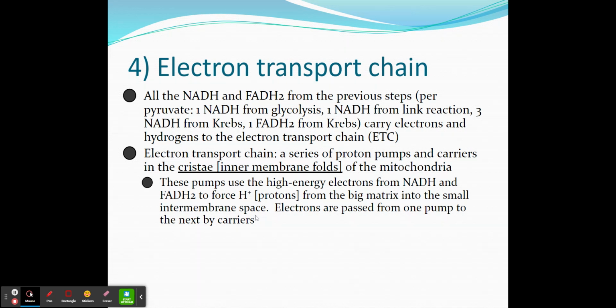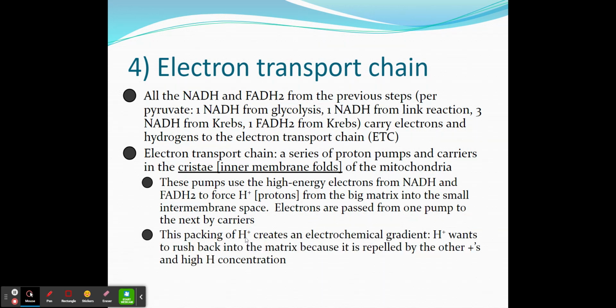So we are packing in these protons. They were happy and free range and roaming around, but now we're going to pack them into the smaller space and make them unhappy. Okay, so electrons are going to be passed by carriers. This packing of H+ in the intermembrane space creates an electrochemical gradient. The H pluses are really unhappy. There's an electrical gradient because there's a buildup of positive electrical charge.